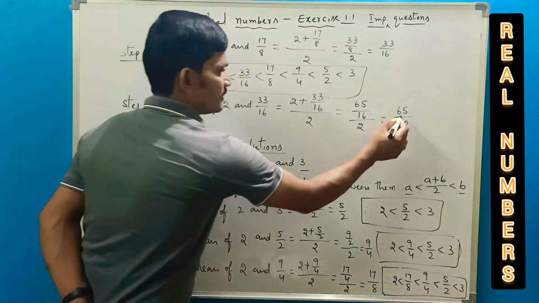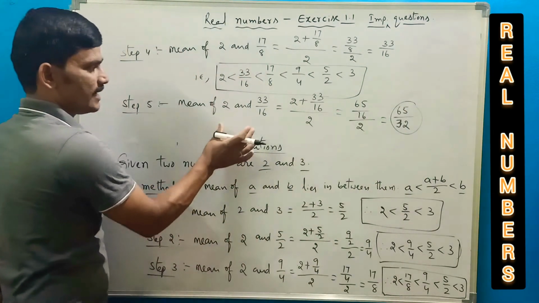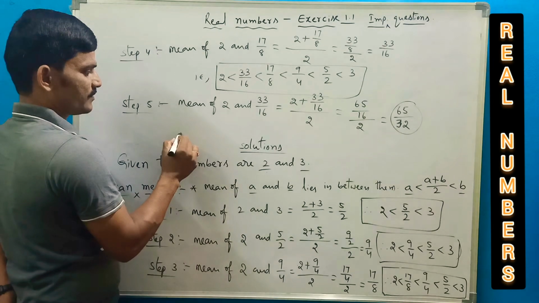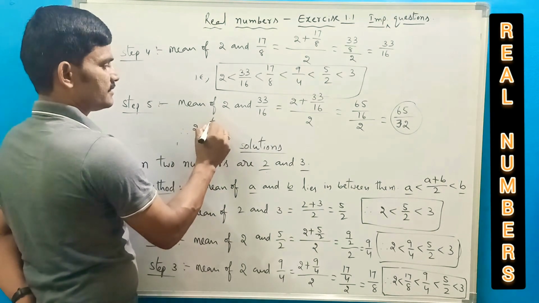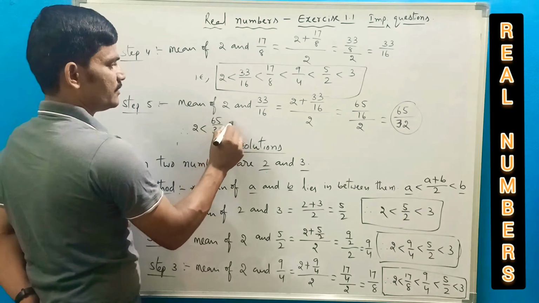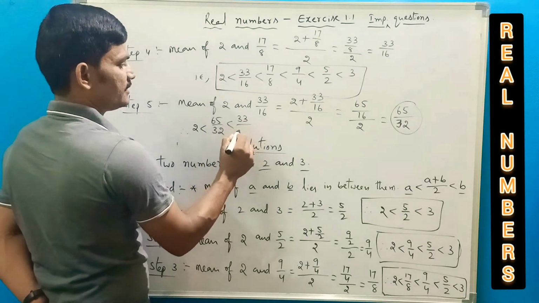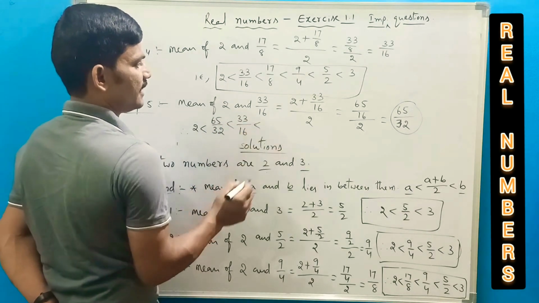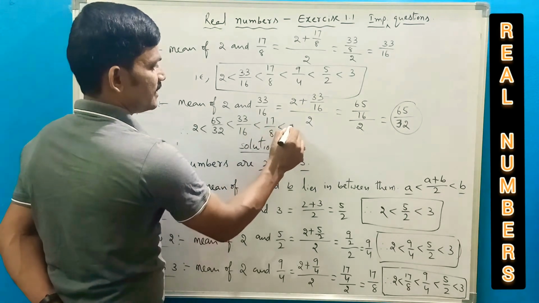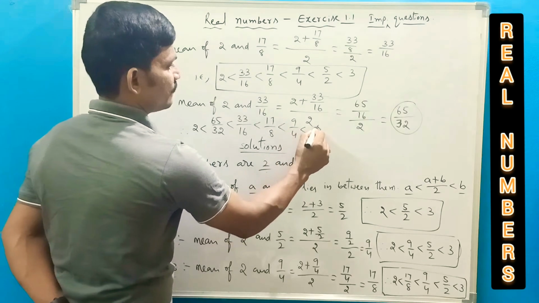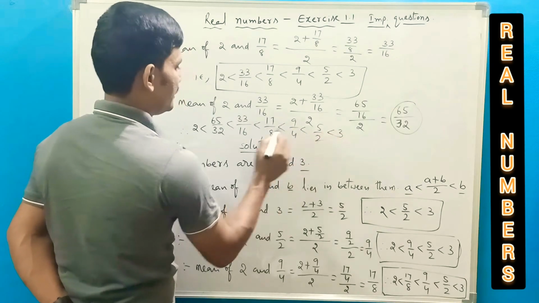So this 65 by 32 lies in between these two. Therefore, 2 less than 65 by 32 less than 33 by 16 less than 17 by 8 less than 9 by 4 less than 5 by 2 less than 3.